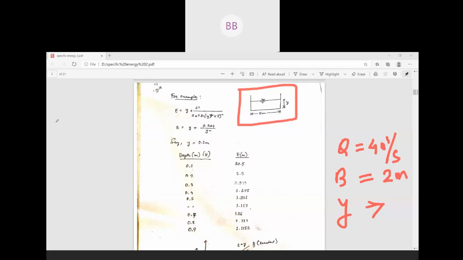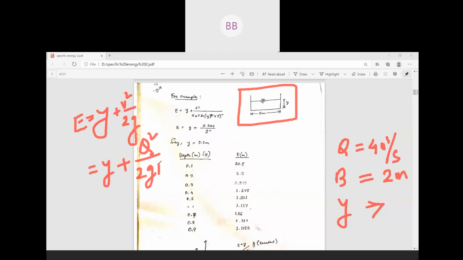Now we use the specific energy equation, that is nothing but y plus v squared by 2g. So this is y. In place of v, we will write q by A, so q squared by 2A squared.